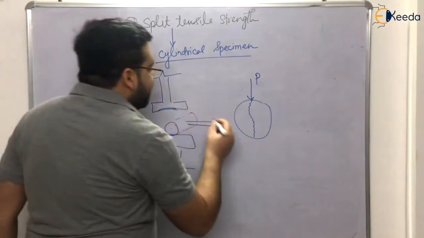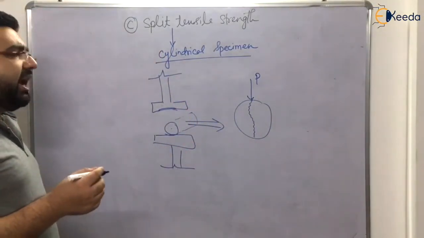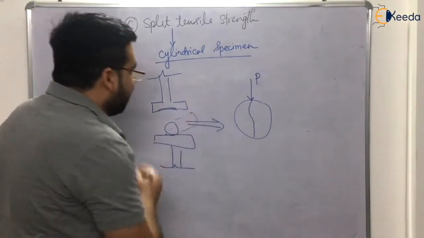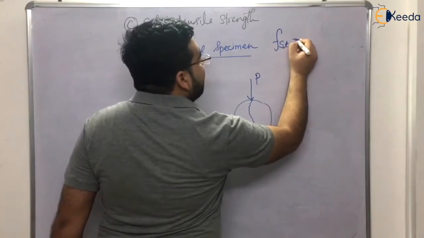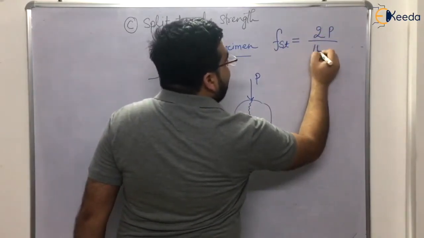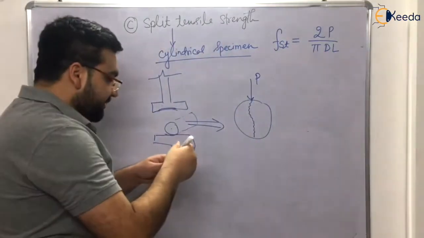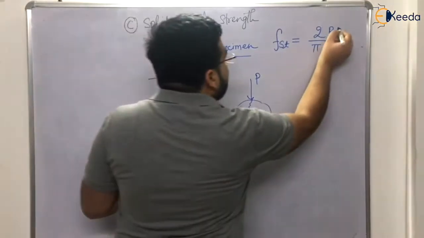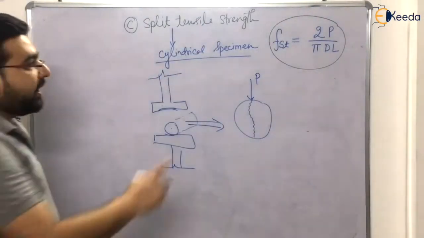And split tensile strength, let me denote by FST. So FST, split tensile strength, the formula is 2P divided by pi D L. This is important, note it down, right? 2P divided by pi D L. What is P?